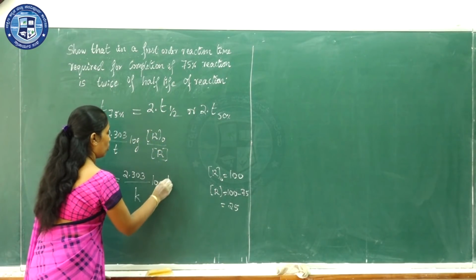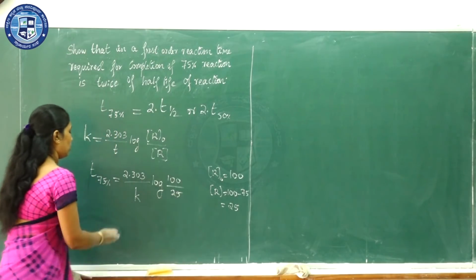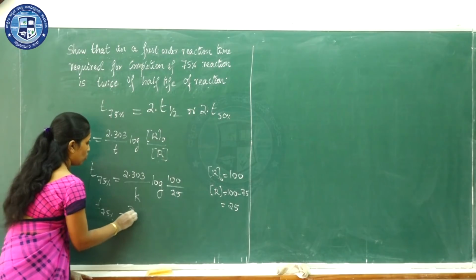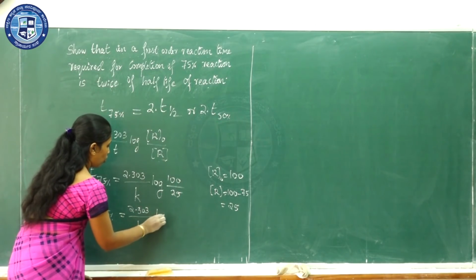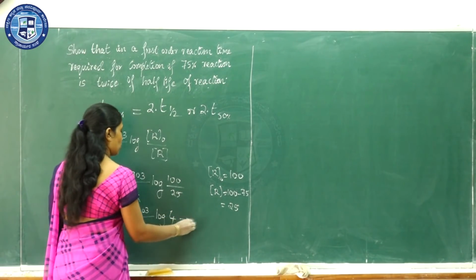So log of 100 divided by 25, T 75% is equal to 2.303 divided by K log 4. Let me take this as equation 1.